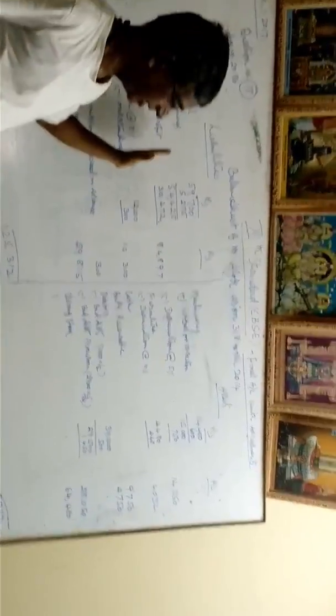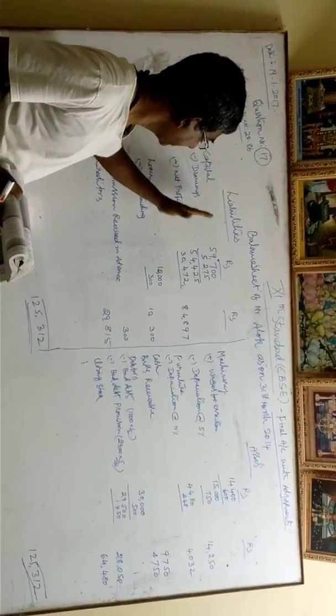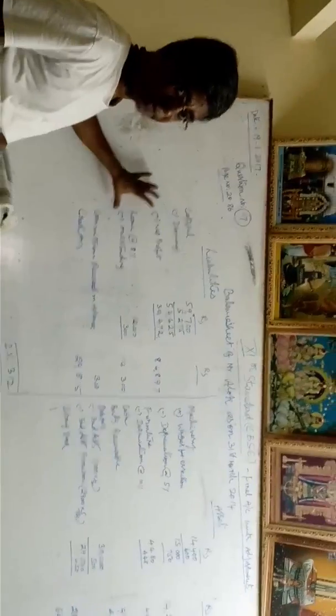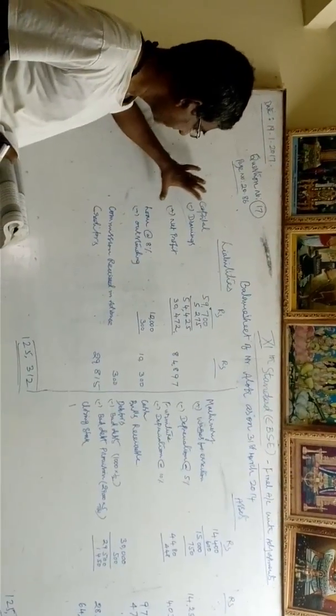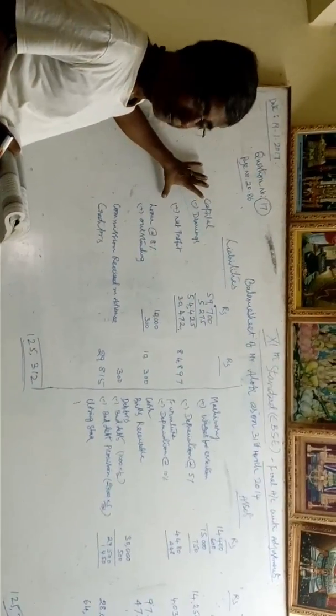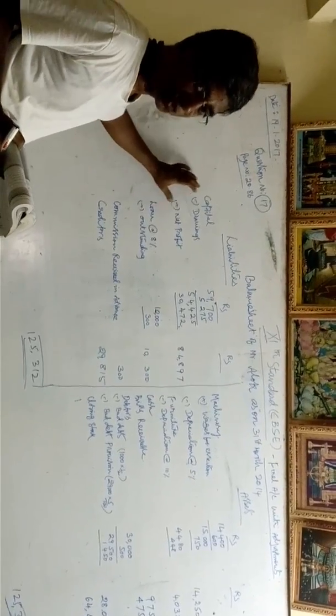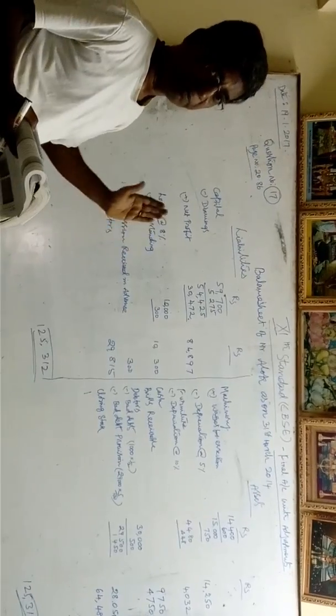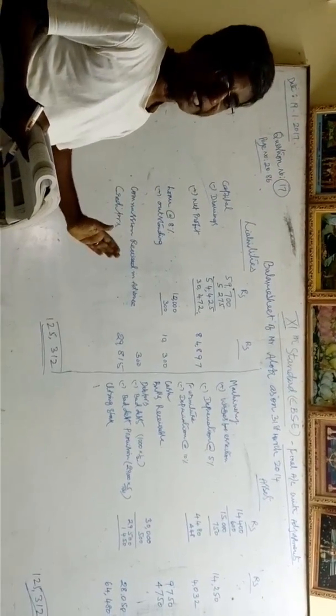Now, the right side is assets, the left side is liabilities. In liabilities, there are two types: fixed liabilities and current liabilities. Under fixed liabilities, you get capital and loans. These two are fixed liabilities. Current liabilities are creditors, bills payable, and outstanding expenses.